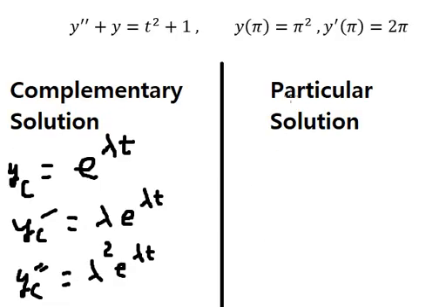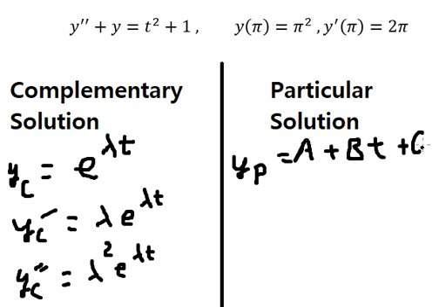Now we go to the second one, the particular solution. We see that we have t squared plus 1. So I need to put yb equals a plus bt plus ct squared.